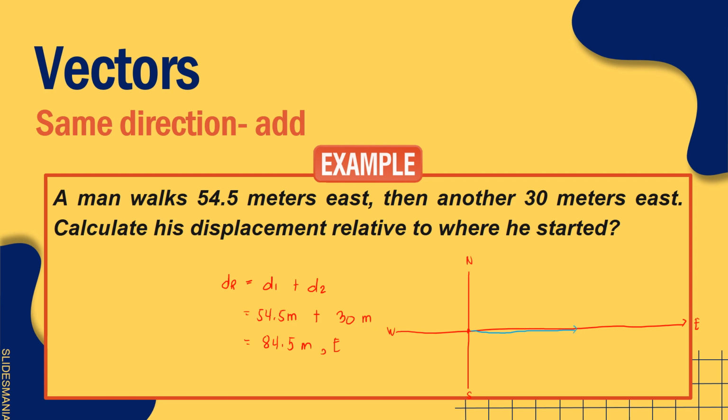So this is your D1, and then let's also have the D2, assuming that this is 30 meters. So we just need to add them to get the resultant displacement, which is equal to 84.5 meters, of course, due east. So that's how you get the resultant displacement if you have the same direction.